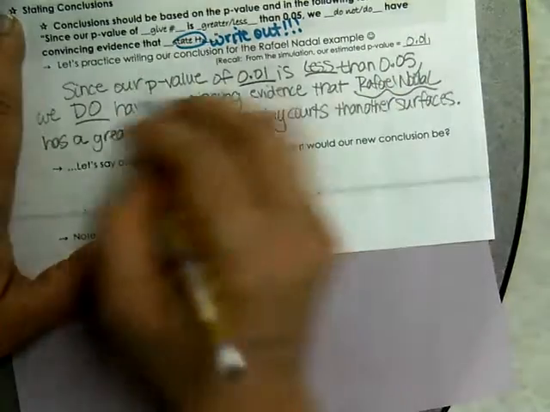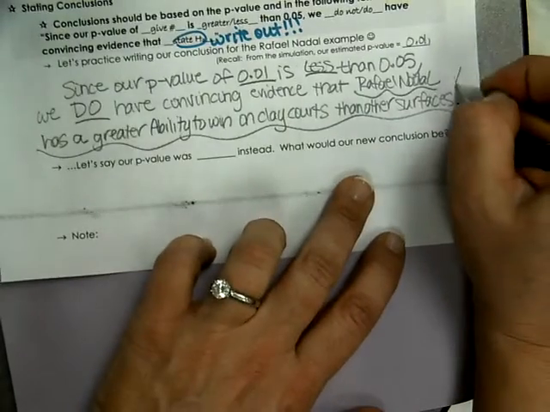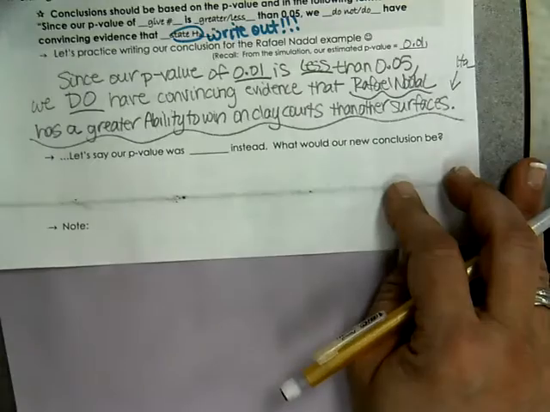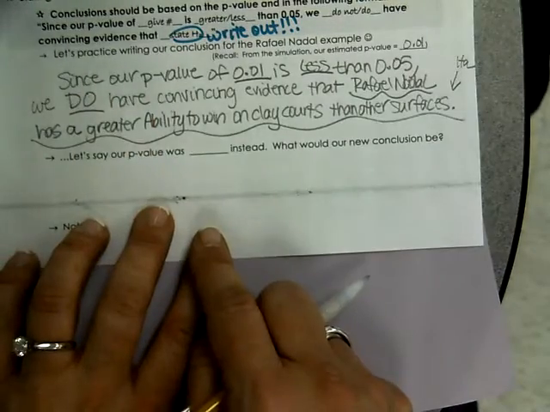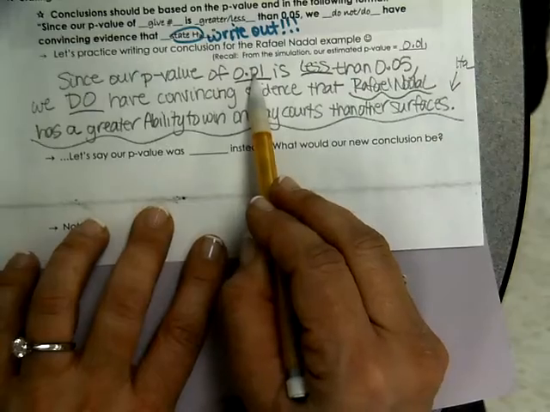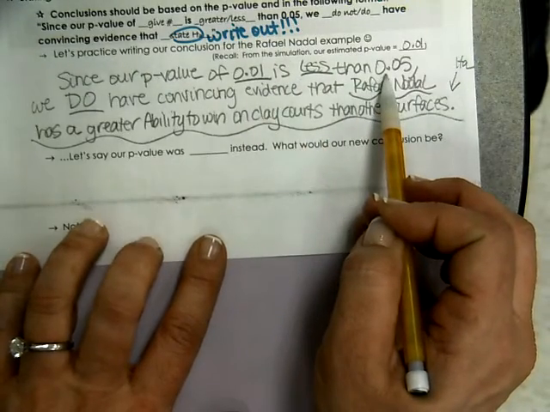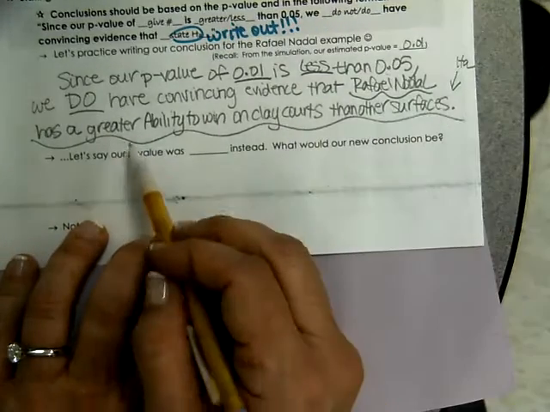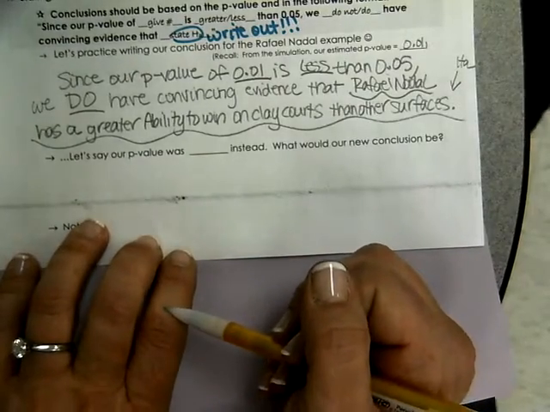Okay, notice here I wrote out my HA. That's what this is here, the alternate hypothesis. Okay, again, we just followed that template. Since our p-value of 0.01, we noticed it was less than 0.05. That means it's special. So we do have evidence that Rafael Nadal has a greater special ability to win on clay courts than other surfaces.